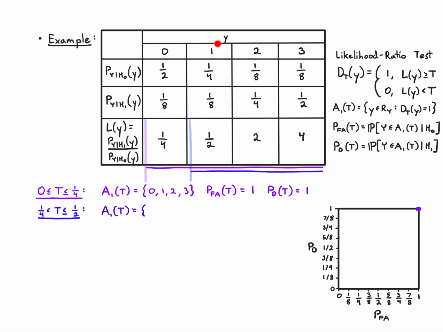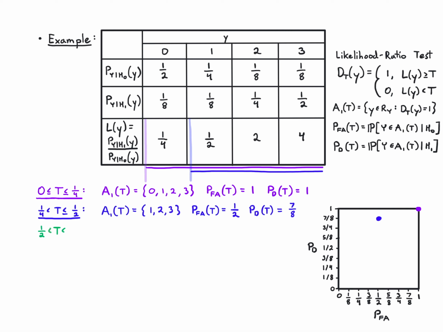Okay, because those are the likelihood ratio values that are larger than a fourth. My probability of false alarm just ends up adding up those values, a fourth, an eighth, and an eighth. So I get a half. And my probability of detection is going to also add up the corresponding values. I'm going to get an eighth, a fourth, and a half. That's going to be 7/8. I'm going to draw that point on my plot.